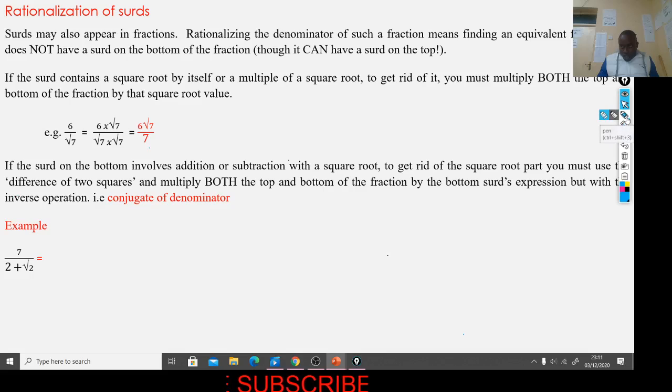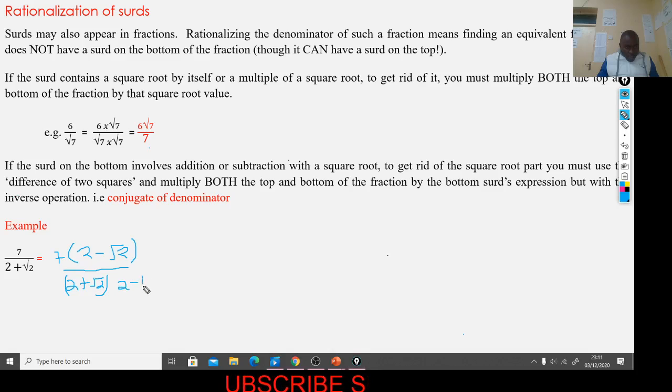We multiply 7 by the conjugate, which is 2 minus root 2, all over 2 plus root 2 times its conjugate, which is 2 minus root 2. That is the conjugate of the denominator.